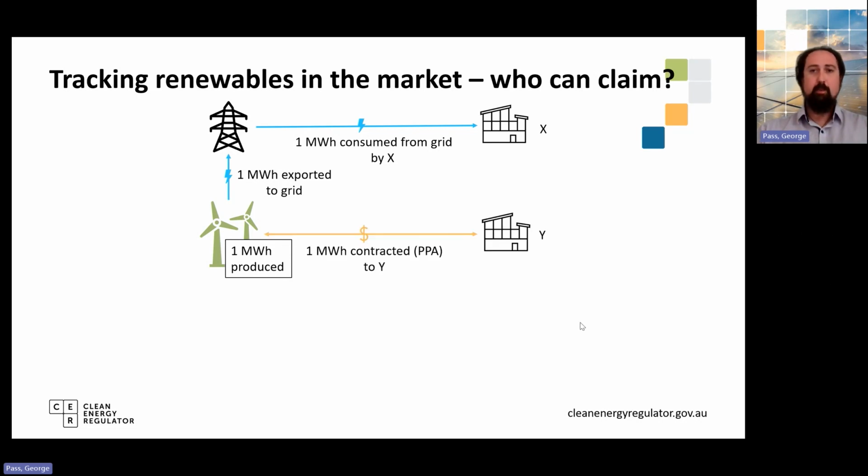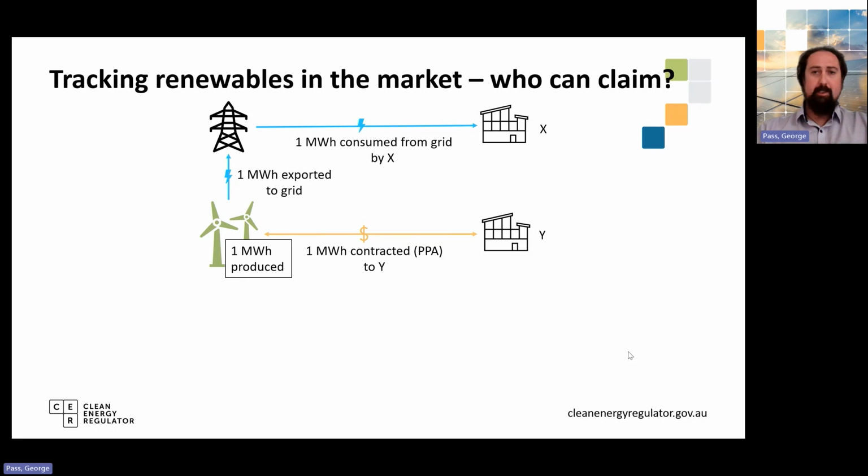The second transaction we might have is a contract, which is usually a financial instrument to secure a set price. These are sometimes called offtake agreements or power purchase agreements, and they can exist between a generator and a retailer or a large consumer, such as an aluminium smelter, and they allow both the purchaser and generator to lock in a fixed price, which reduces economic uncertainty for investors.